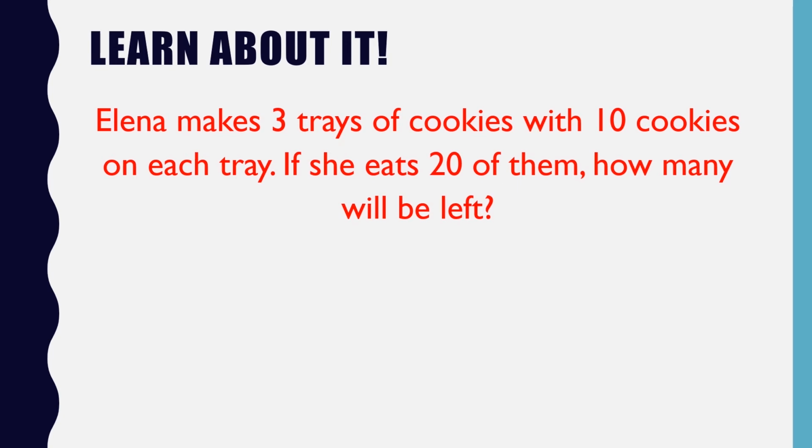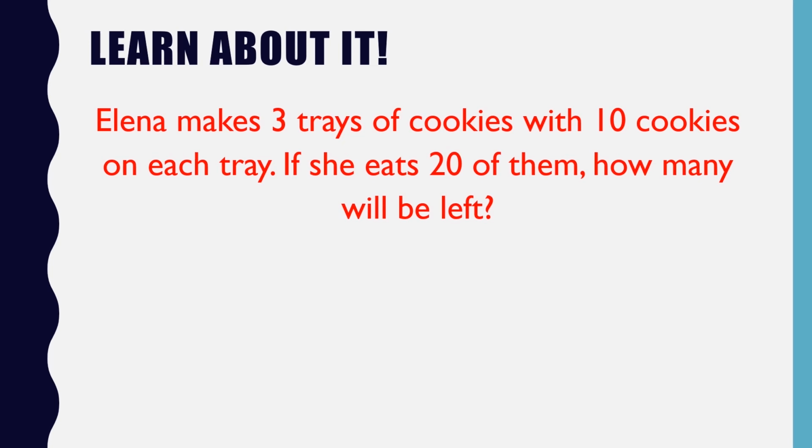So right away, we can't use the information that we have to solve this. So there is that hidden question, right? Take a look at the question, take about a minute, and try to figure out if you can see that hidden question. What piece of information do we need to find out that we don't have? All right. So like we started off with, we figured out how many cookies she has.